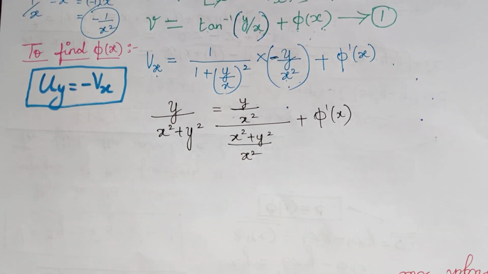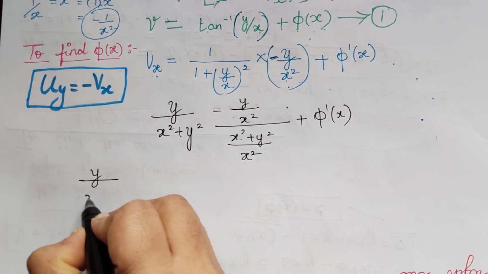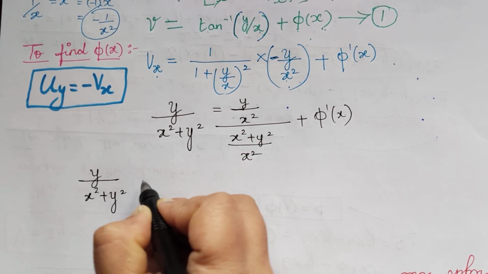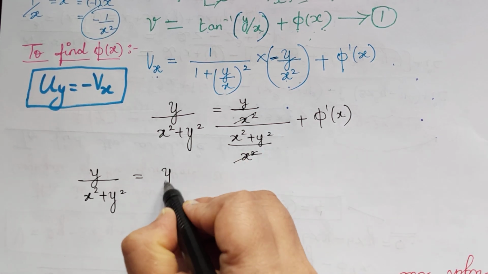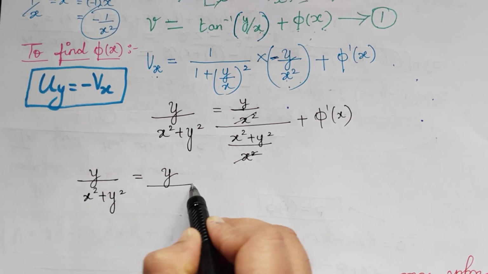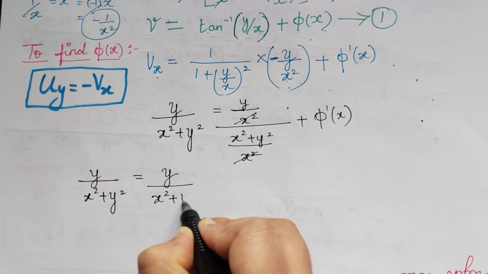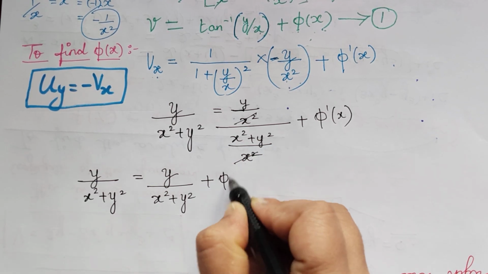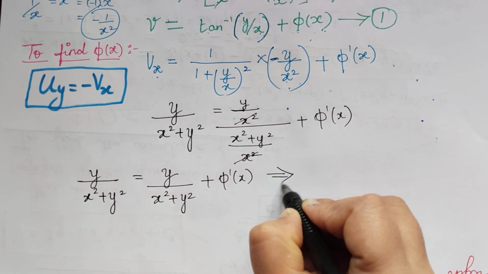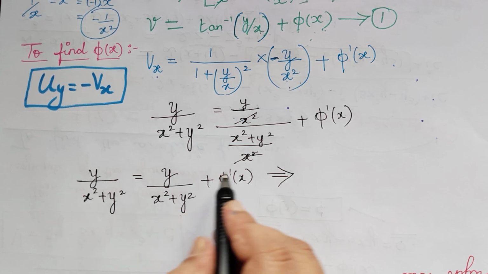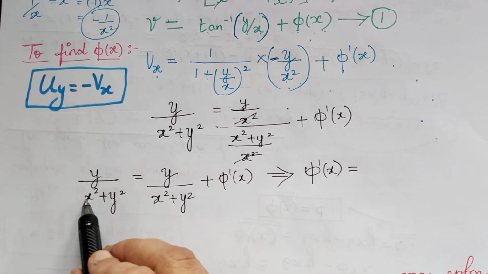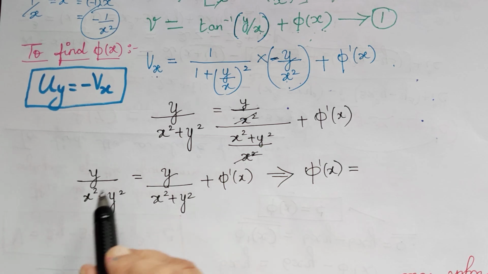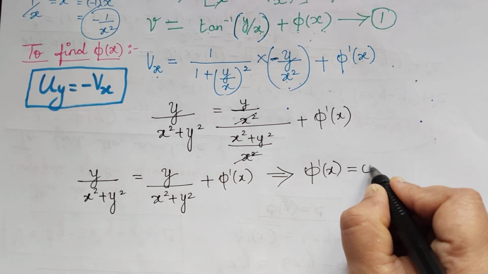Further that will be y divided by x square plus y square, here the x square and x square get cancelled, so we have y divided by x square plus y square plus phi dash of x. And from this we see that the value of phi dash of x will be equal to y by x square plus y square minus y by x square plus y square, which is 0.